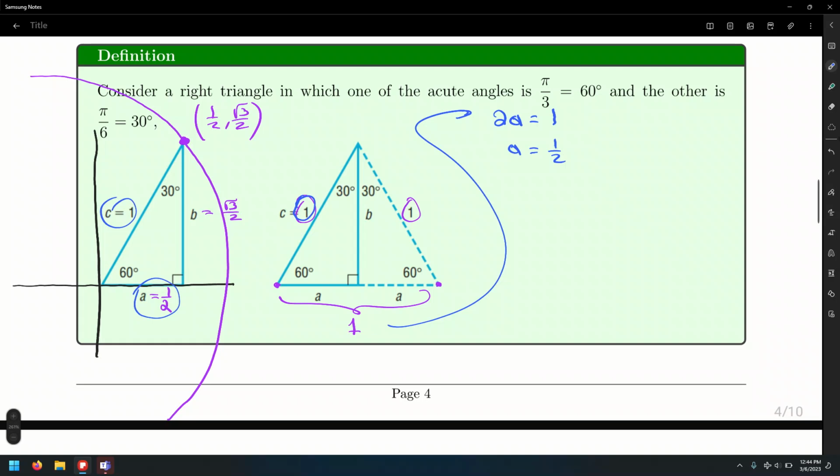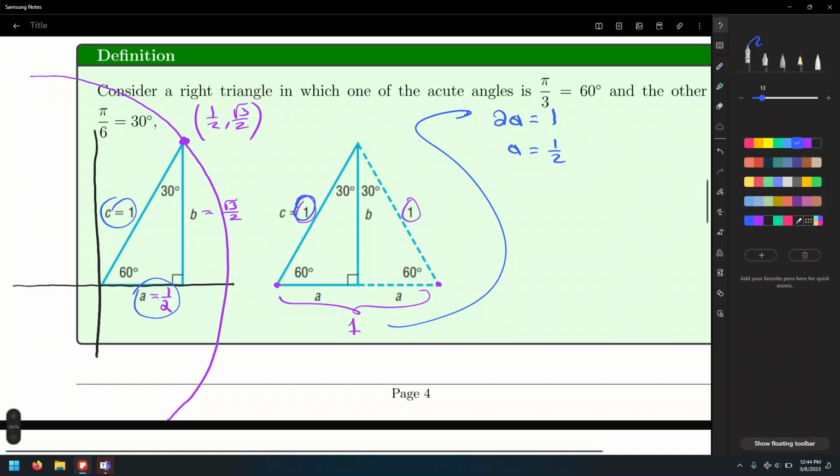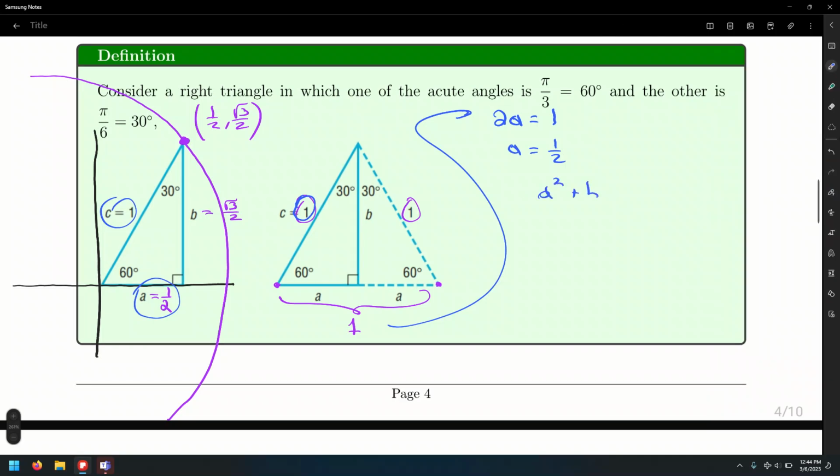Pythagorean theorem, that's correct. A squared plus B squared equals C squared. Well, it will be 1 anyway. We know A is 1/2 quantity squared plus B squared, which is what we want to know, equals 1 squared.